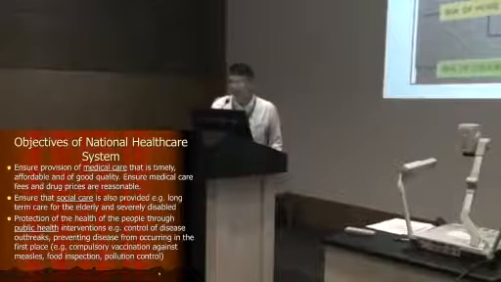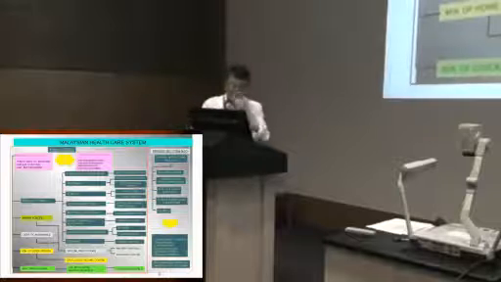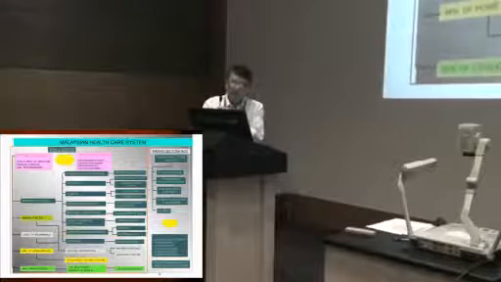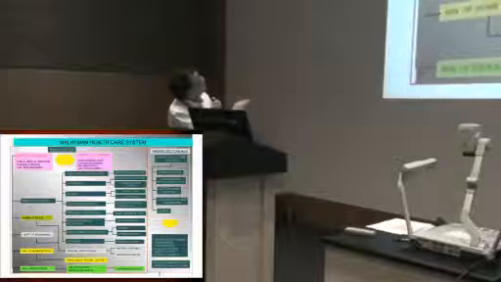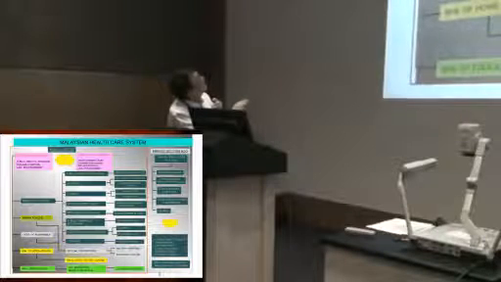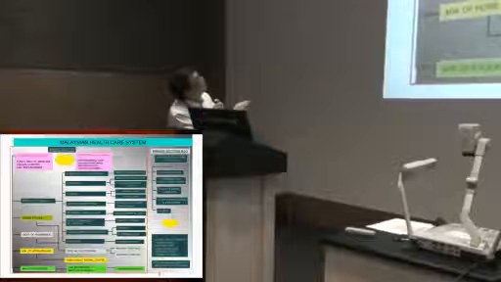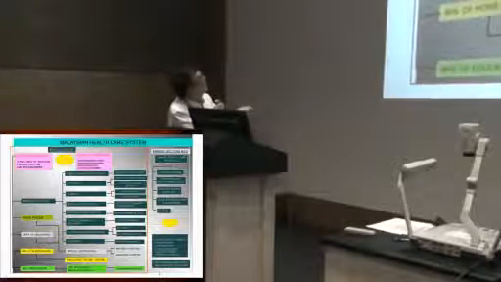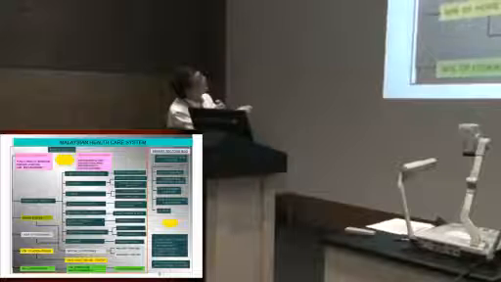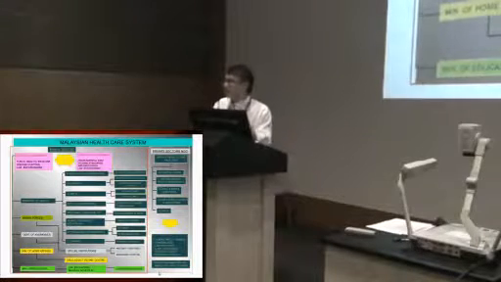Okay, this is the Malaysian healthcare system. It's a bit small, the slide. After Ms. Chandra posted, you can look at it in detail. So in the Malaysian healthcare system, we have the federal government here, and it's centralized in Putrajaya, and then you have state and local governments and so on. Ministry of Health runs various facilities, but it's not only the Ministry of Health which provides clinical care.